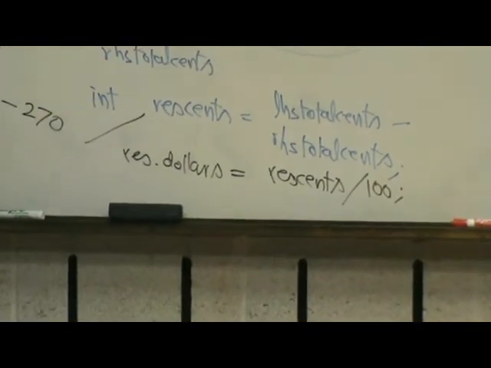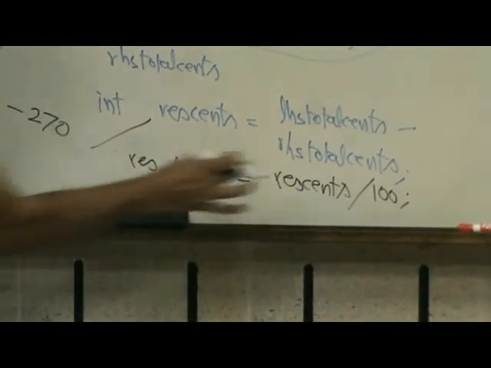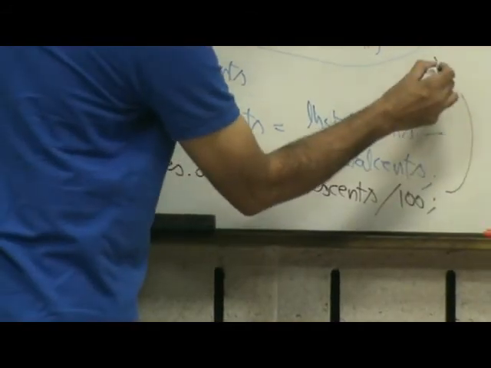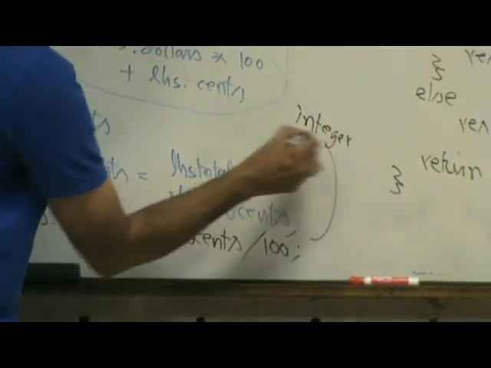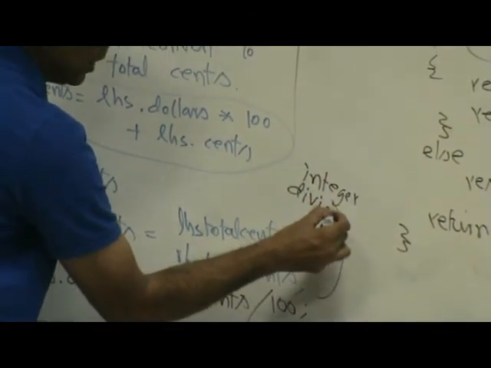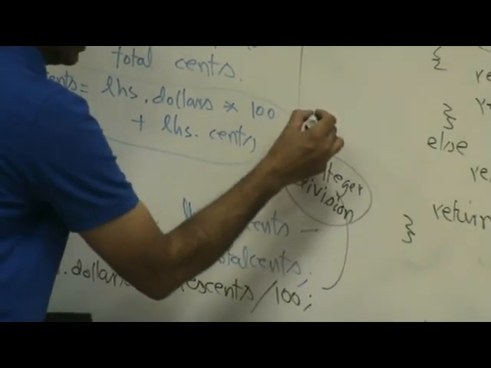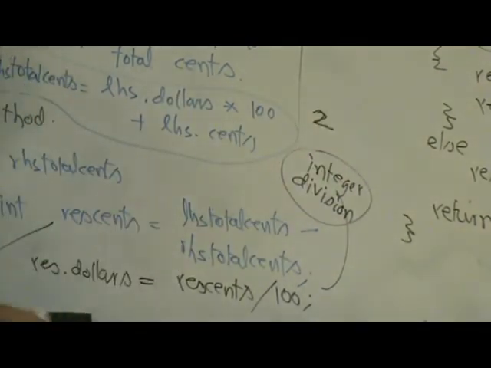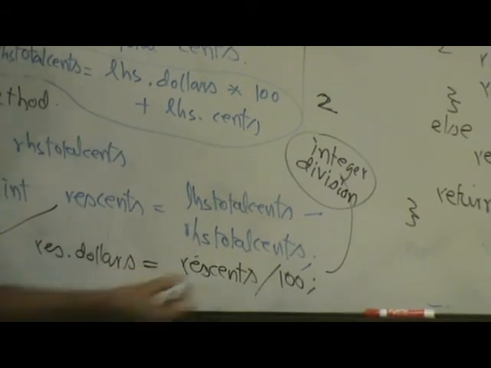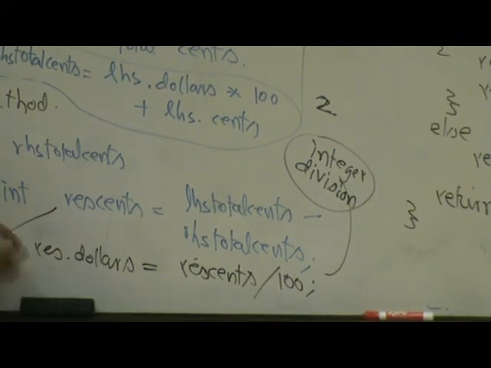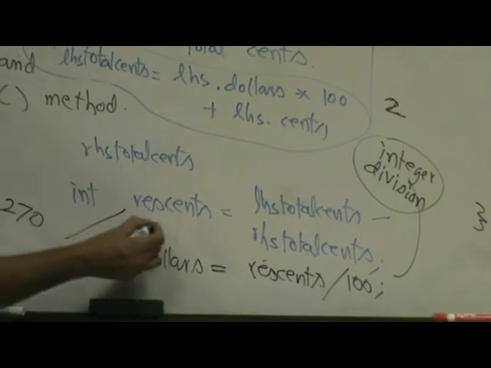See, once we divide by 100, okay, if this is an integer, this is an integer, it does what is called integer division in C#, meaning it will not produce an answer of 2.7, it will only produce an answer of 2. It eliminates, if both things are integers, it eliminates the decimal and only keeps the whole number. So this will produce in this example an answer of 2.